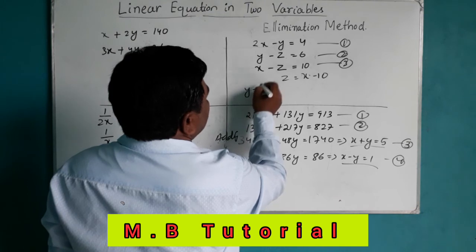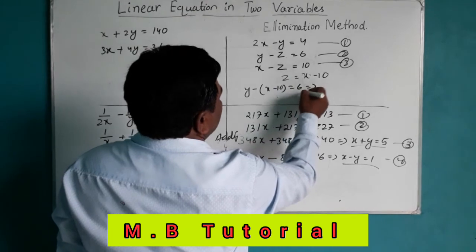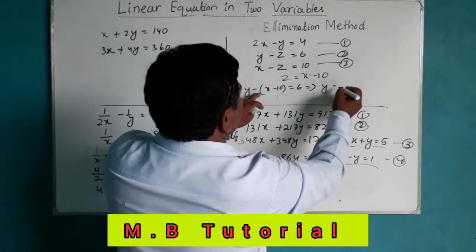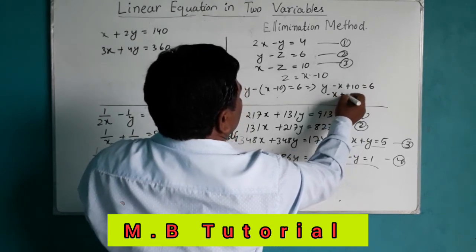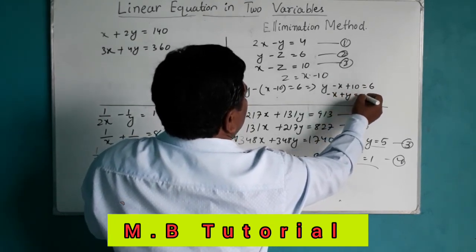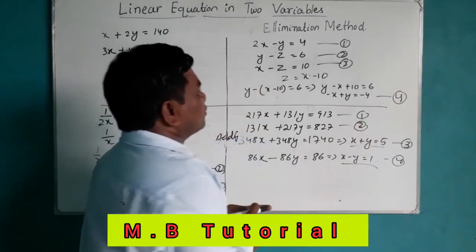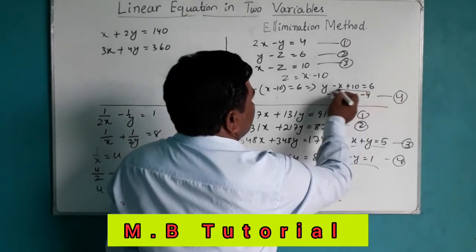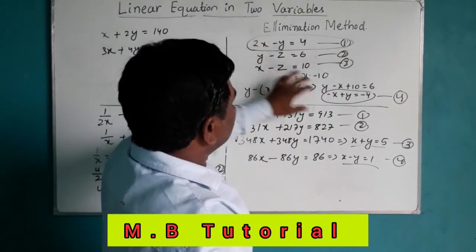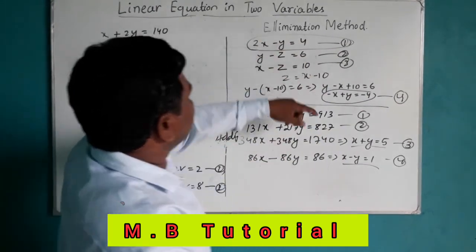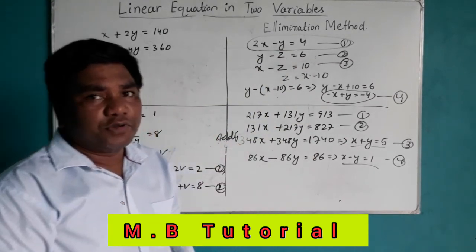By putting this value in equation 2, we get y minus (x minus 10) equal to 6, and solving it, y minus x plus 10 equal to 6. So minus x plus y equal to minus 4. This is equation 4. Now you can solve these two equations by elimination. In the elimination method, you can eliminate any one variable and you will find the answers.